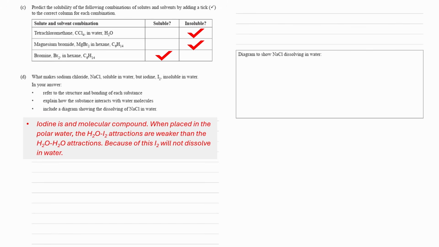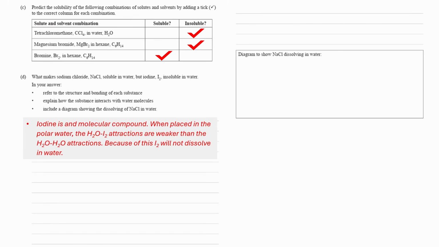When placed in polar water, the water to iodine attractions are weaker than the water to water attractions. Basically, water is attracted to water because they're both polar.